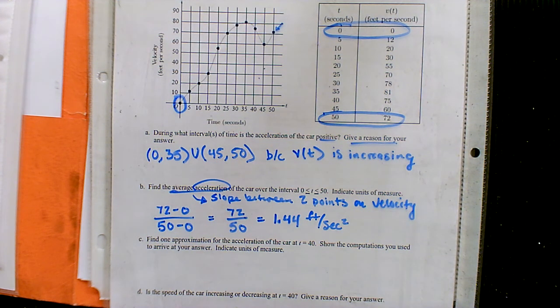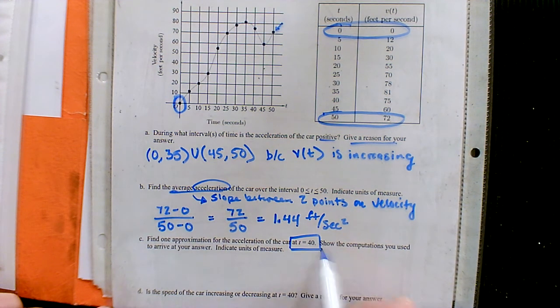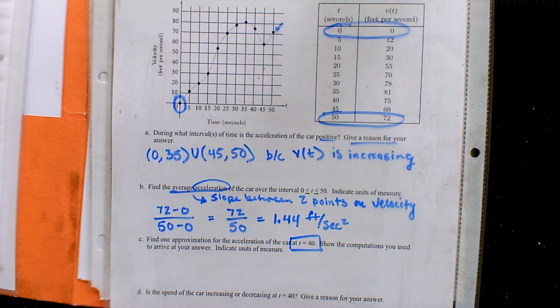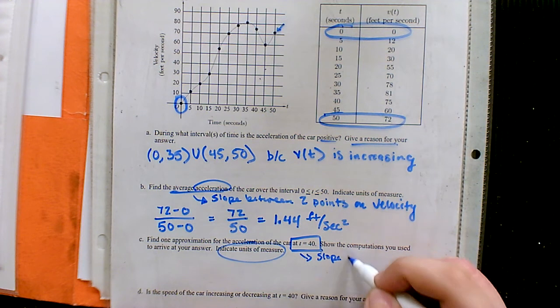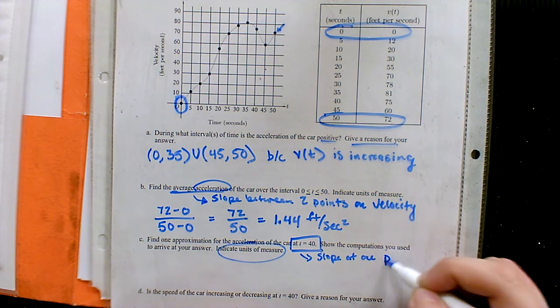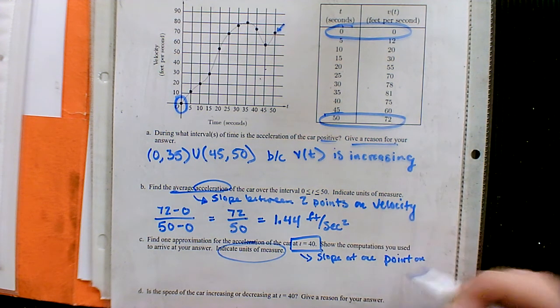Okay. Find one approximation for the acceleration of the car at, notice the wording, at time 40. So we want the acceleration at an instant, aka instantaneous rate of change. Show the computations you use to get your answer, indicate units of measure. All right, so acceleration at an instant, this would be the slope at 1 point on velocity.